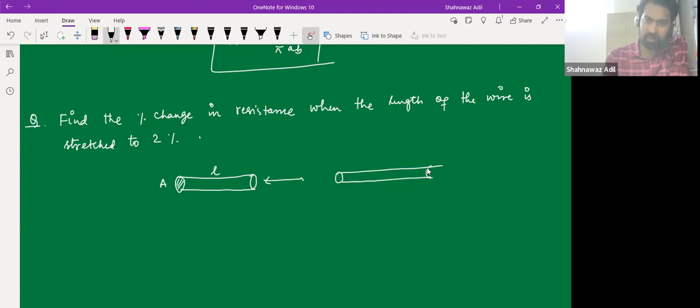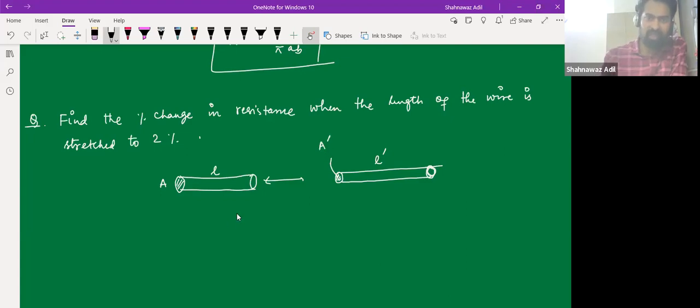So this is L prime, and area also has changed because if we are stretching, then area will be smaller, right? So area has also changed.